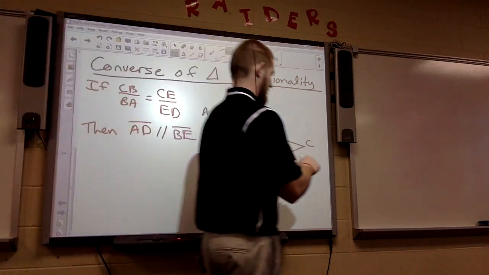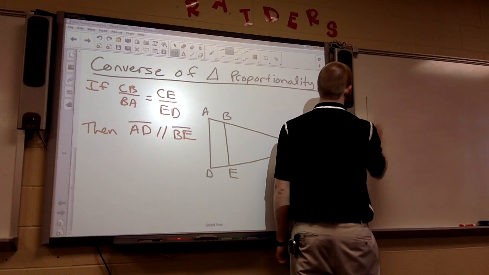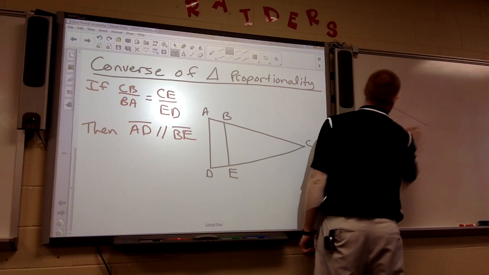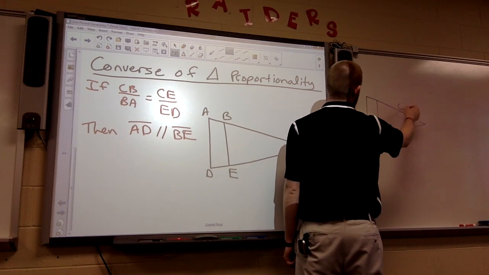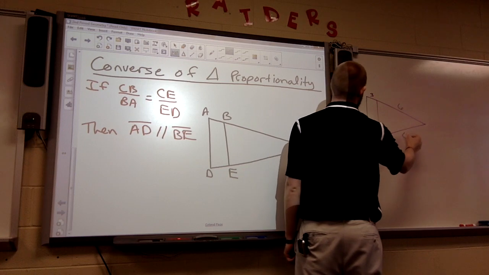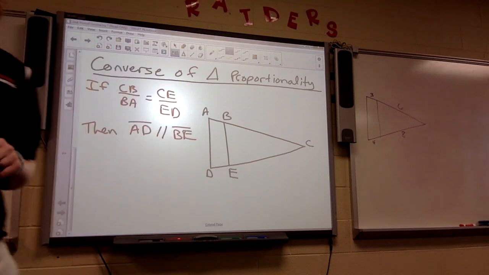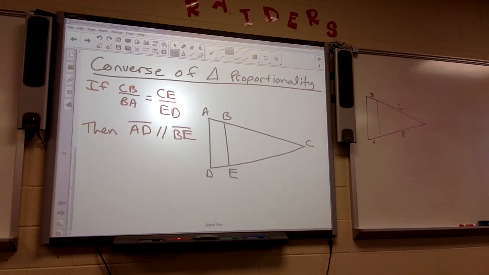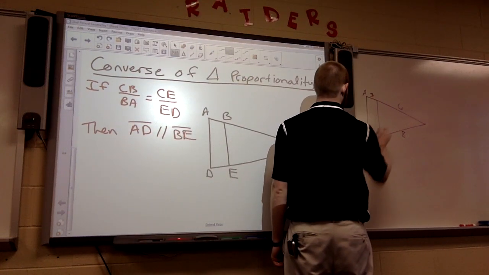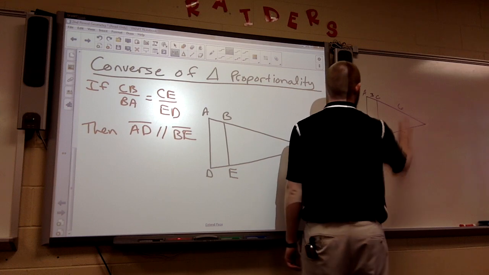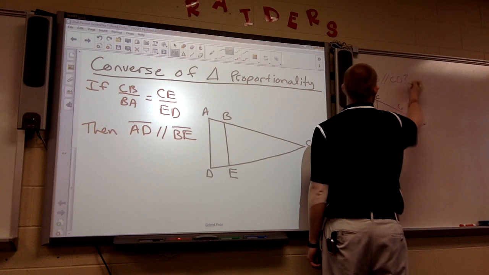Okay, so if I come over here, I'm actually going to do this in purple so you can see it better on the video. Okay, and I have just the same diagram here, with a line. I'm going to say that this is 6, this is 3, this is 8, and this is 4. I want to know, are those lines AB and BC, or excuse me, AB and CD, is AB parallel to CD?